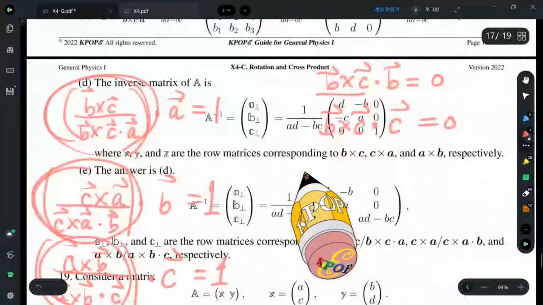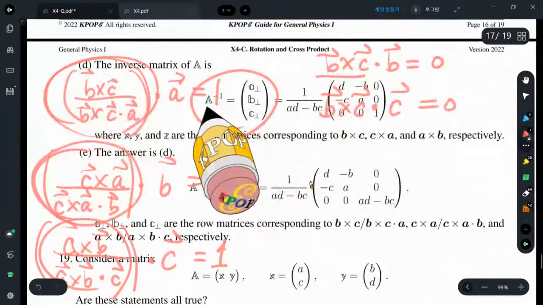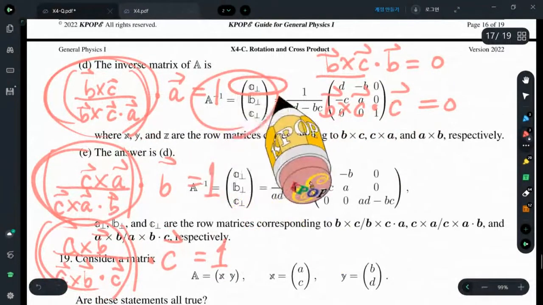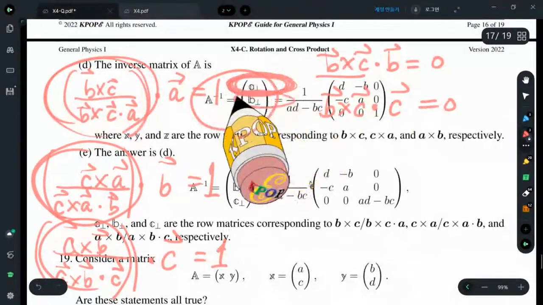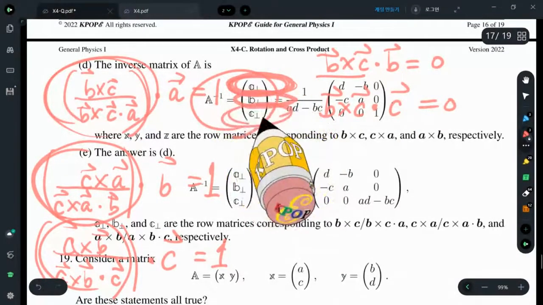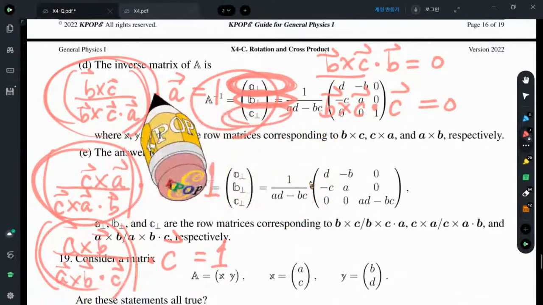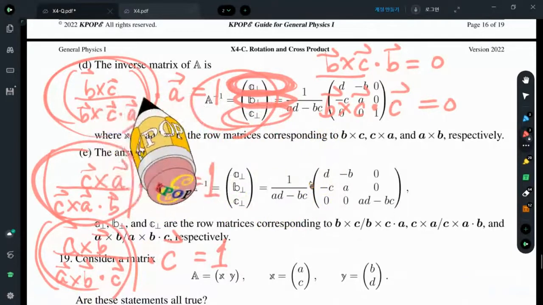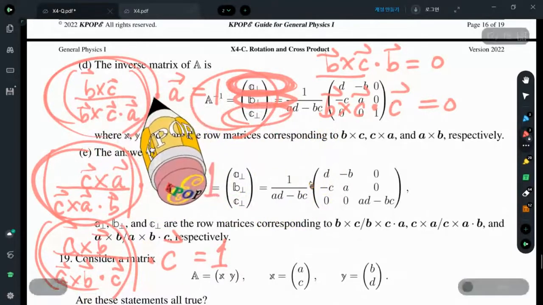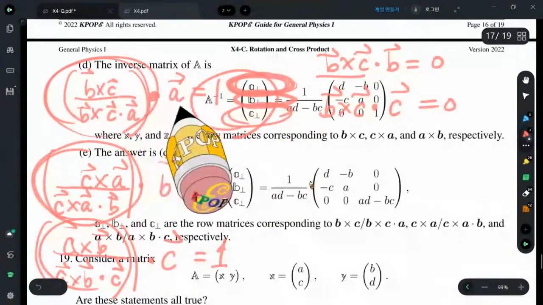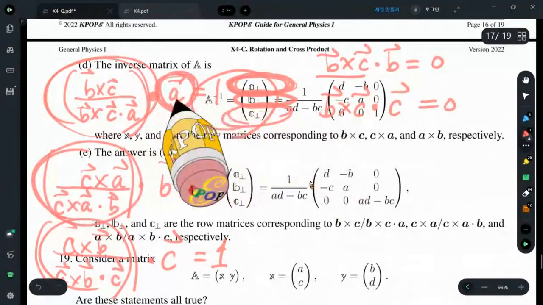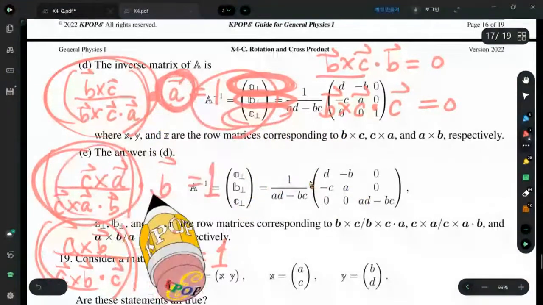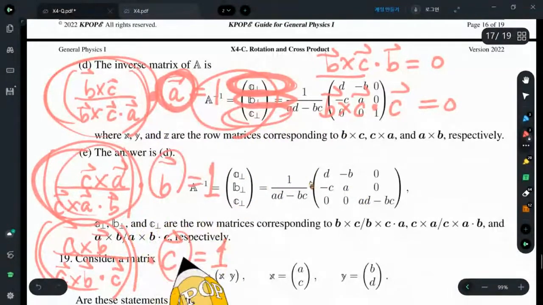The inverse is expressed in terms of components that are perpendicular to the others. These three have a non-vanishing component only when multiplied to the A vector, B vector, and C vector.